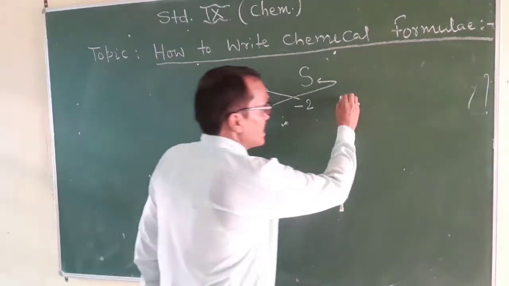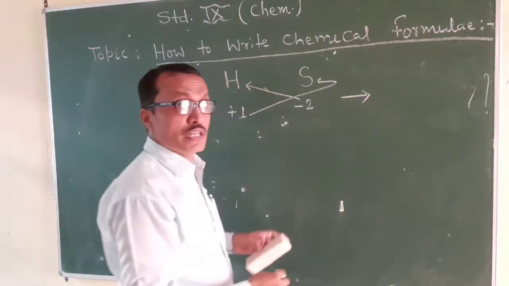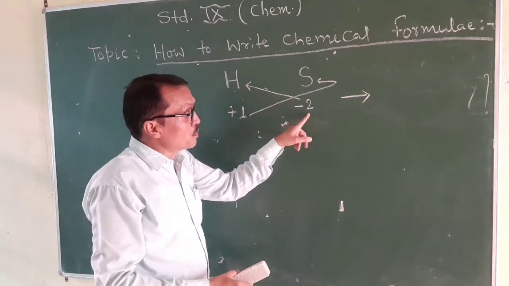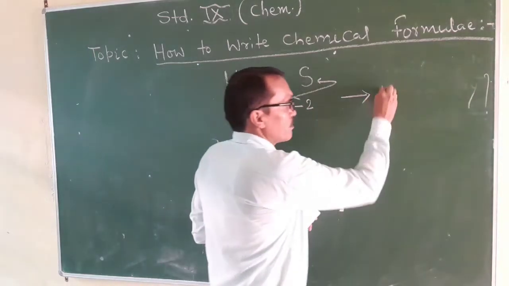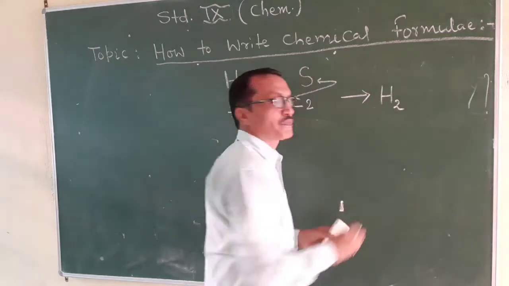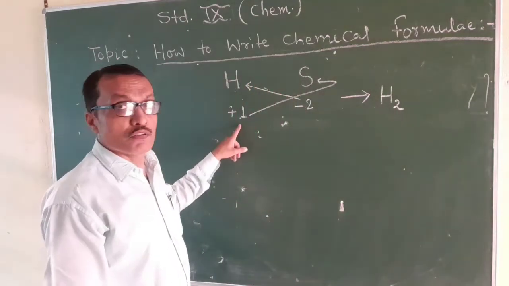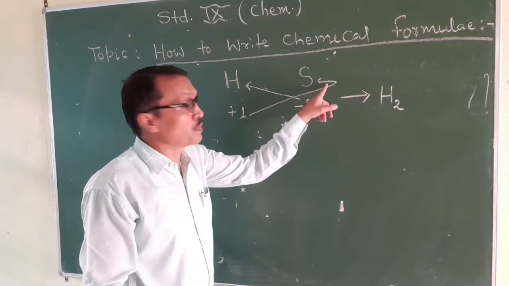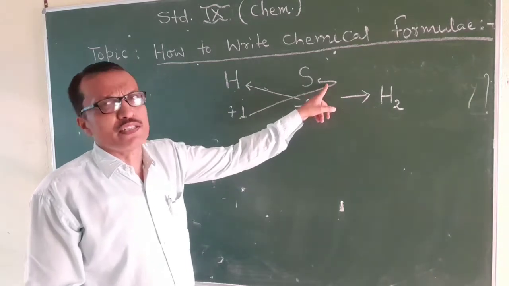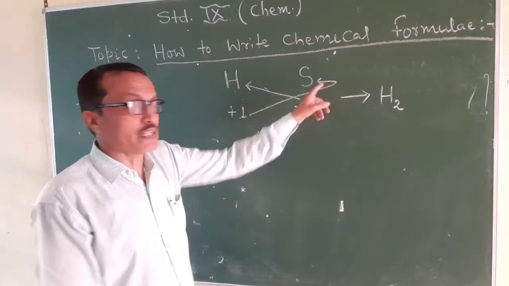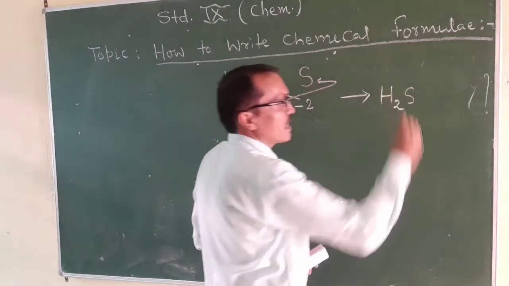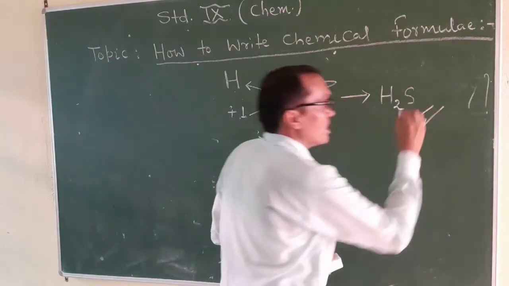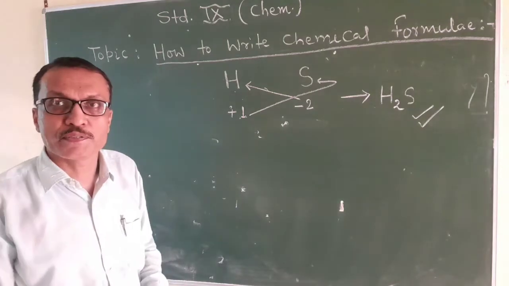So if you arrange valency crisscross, then the 2 of sulfur will go to hydrogen, so it will be H2. And the 1 will go to sulfur, and 1 is not written, so only S you have to write here. And this is the formula of hydrogen sulfide.